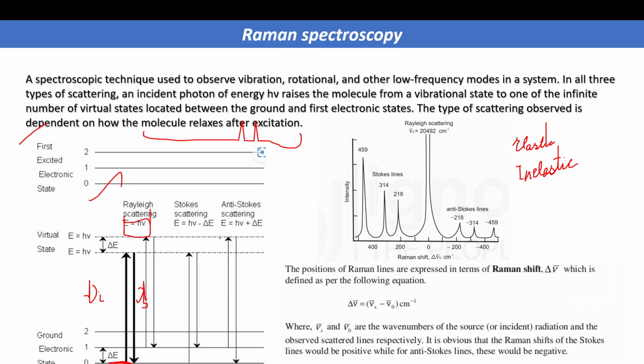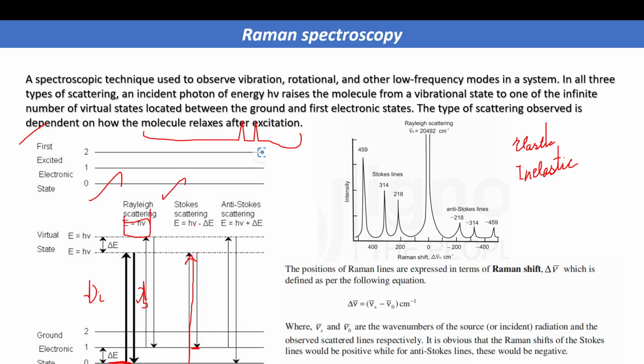Now, when a molecule is excited to a higher energy level or any other virtual state and relaxes back to a state lower than the original state, it is called Stokes scattering.